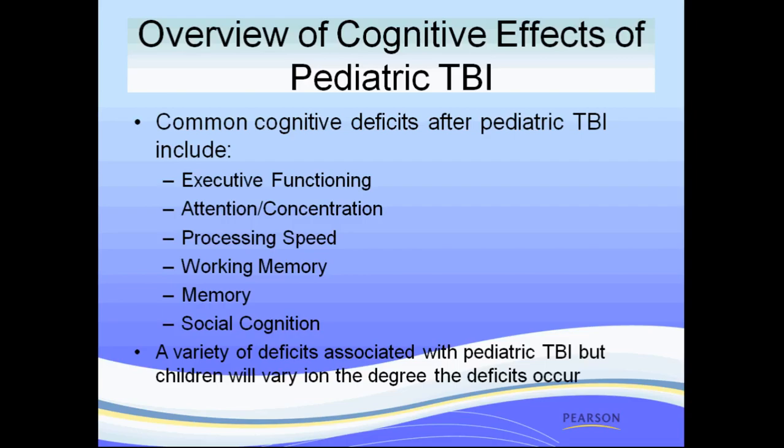A variety of deficits are associated with pediatric TBI, and they're going to vary. Not every kid is going to have executive function deficits, attention deficits, social cognition deficits, and memory deficits. You might have some areas that are intact or are strengths, and those can be used to help facilitate the person's recovery, or at least their functioning in other domains.